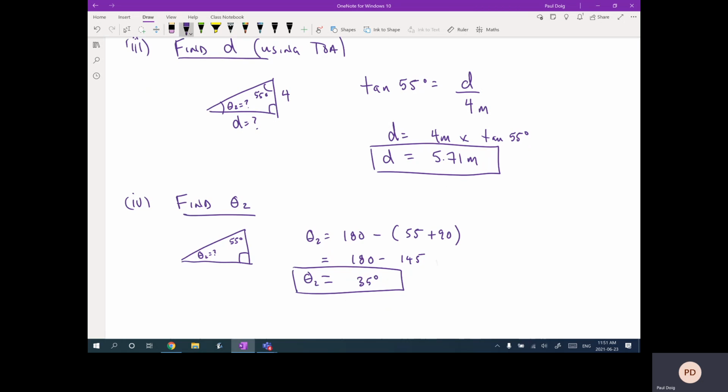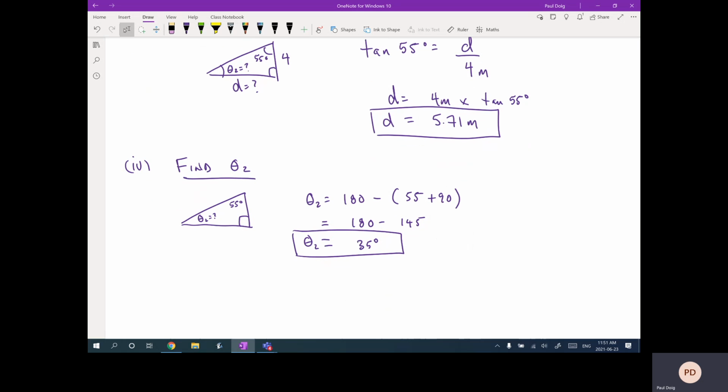Now, you could also do some trig on that if you really wanted to, and you can say, oh, okay, I also know that this length here is 4 meters. I just calculated that this is 5.71 meters, so I can look at another way to do this and say that tan of theta 2 is equal to 4 meters divided by 5.71 meters.